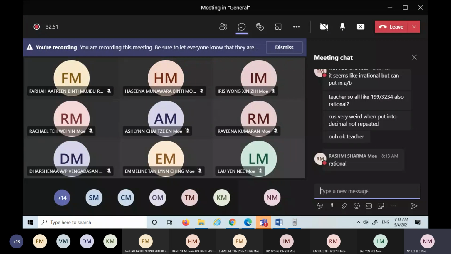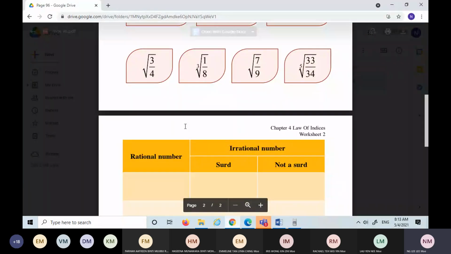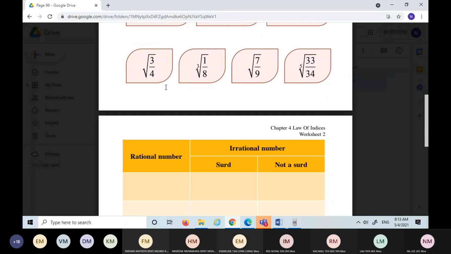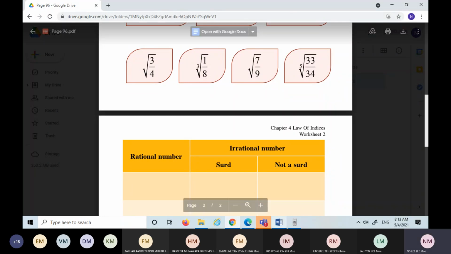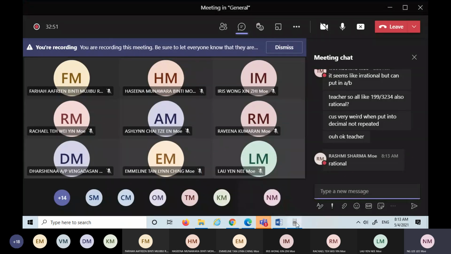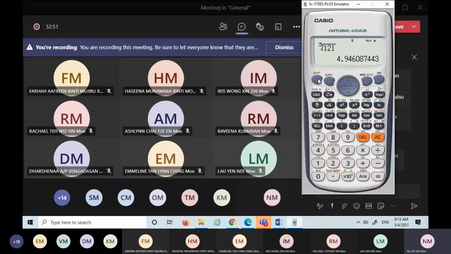Okay, rational. Which one are you doing? Square root of 3/4. Rational, meh? You press the calculator already. What do you get? When you press the calculator, you have to put bracket 3/4.